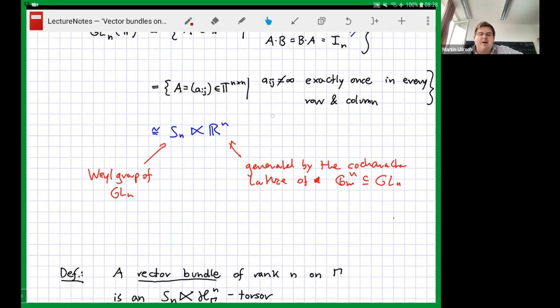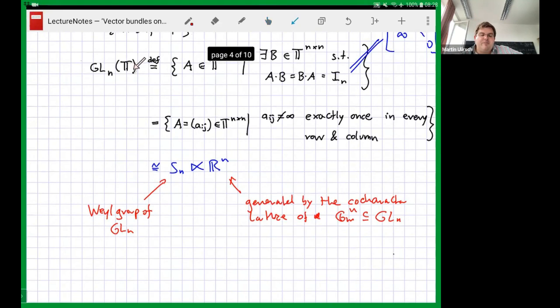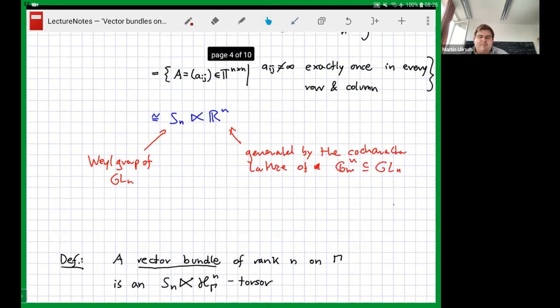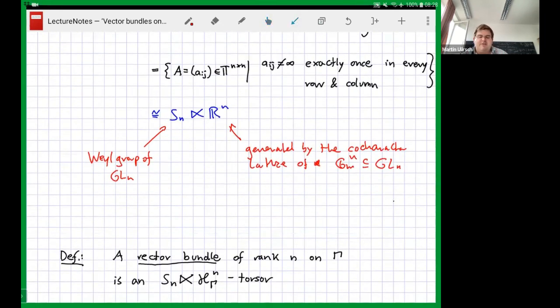And now that we have our general linear group, and we know that this has a very specific and relatively easy shape, then we can just say, okay, a line bundle is an H torsor. Now we want to plug in H with values in our GL_n. So we take a vector bundle of rank n on gamma to be an S_n semi-direct product H gamma to the n torsor.